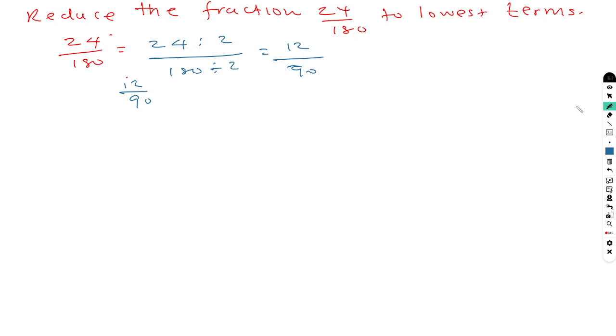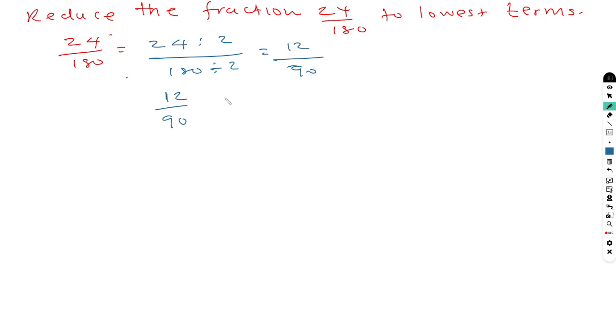Let me give you room. So that means it will be 12 over 90.